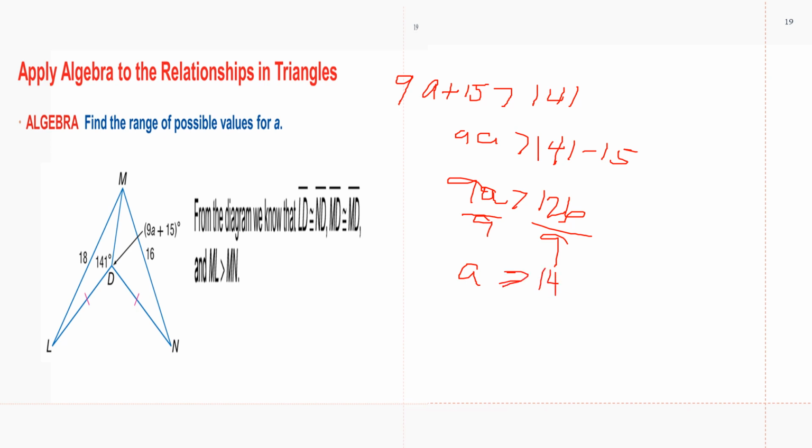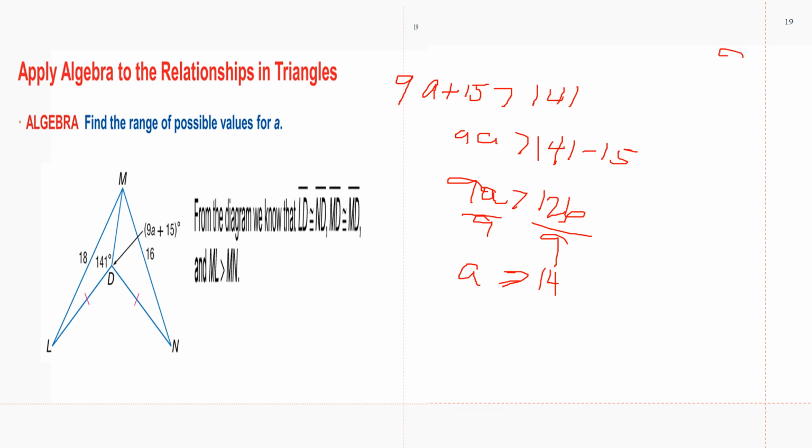Okay, if you are looking for another one, we could say that here is 14. If you are going to substitute that here, we have 9 times 14 plus 15.